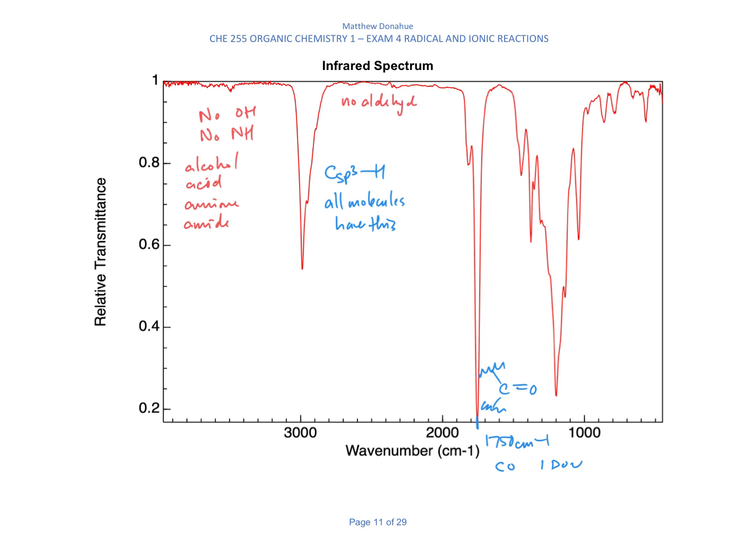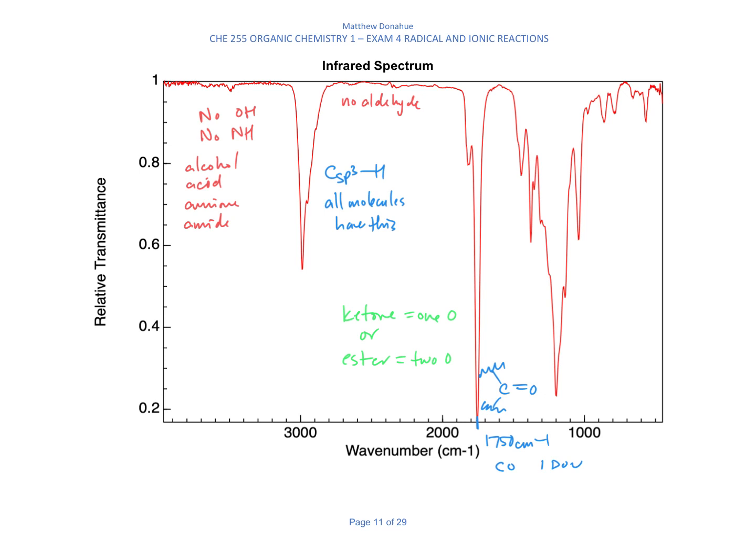So based on all of that, what are you left with in terms of the carbonyl containing functional groups? You're basically down to ketone or ester. So really this has 1 oxygen, 2 oxygens.